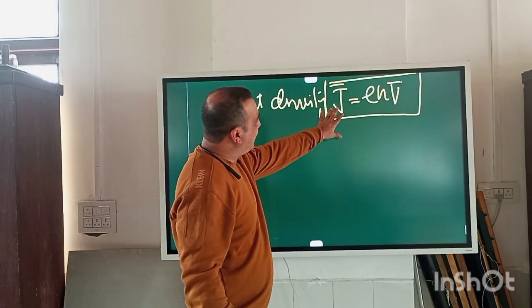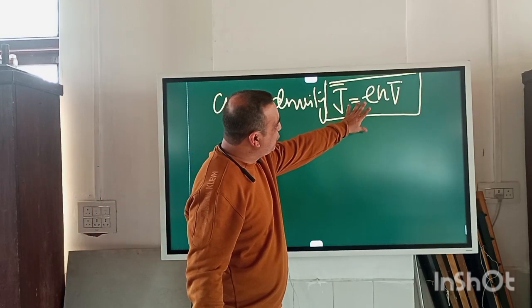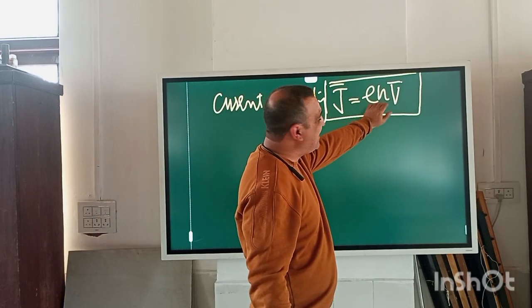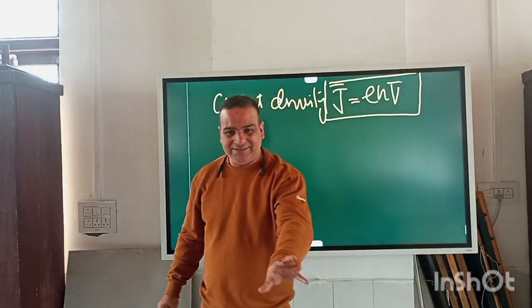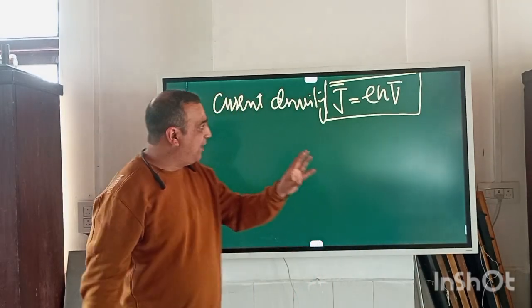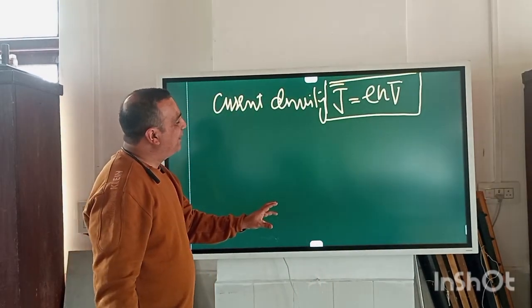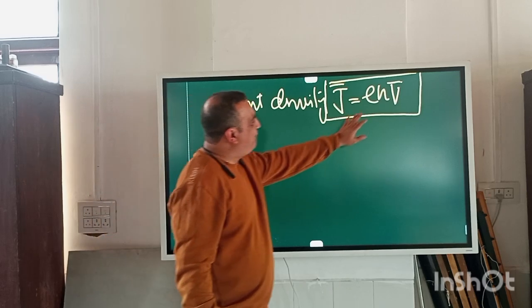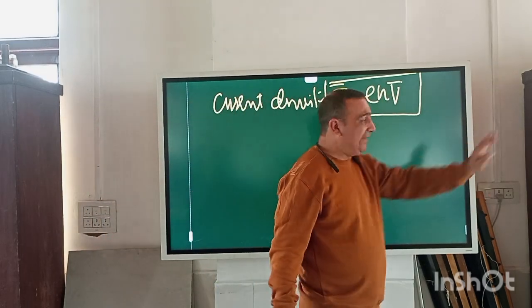J is called current per unit area, e is the charge of the electron, n is the number density, and number density means number of electrons per unit volume. And v average is already calculated.